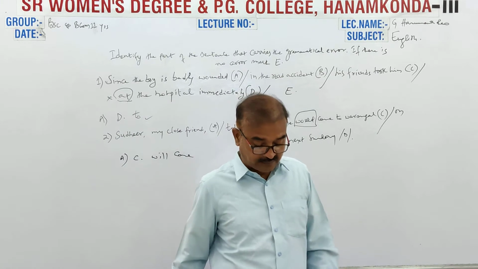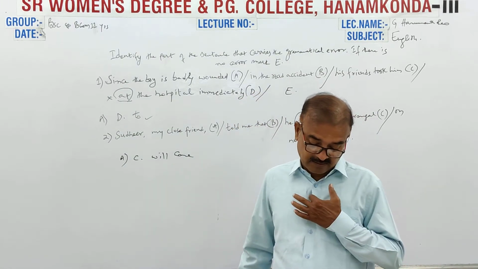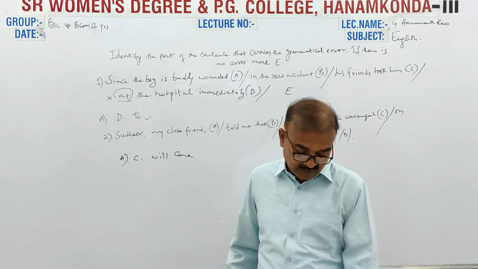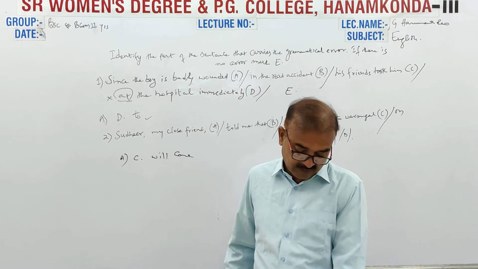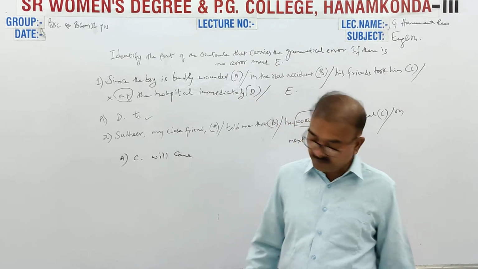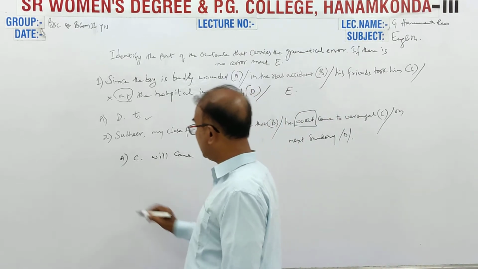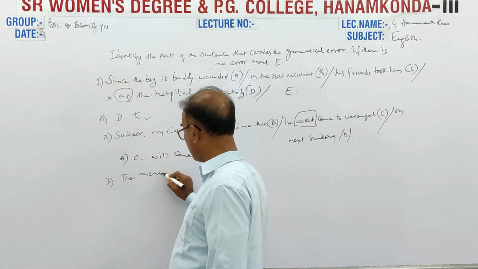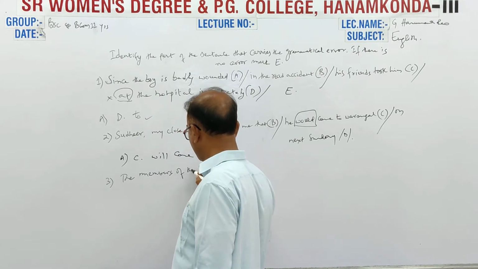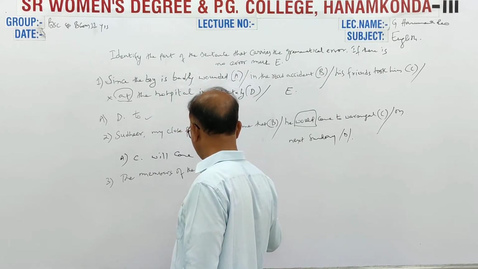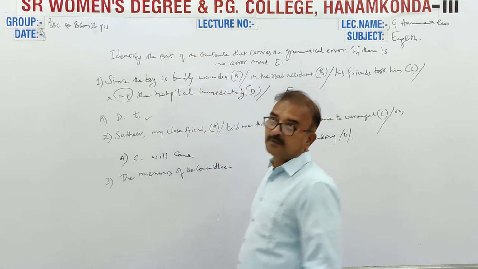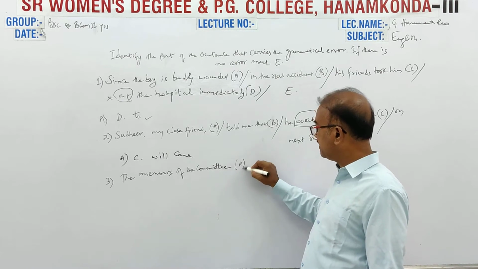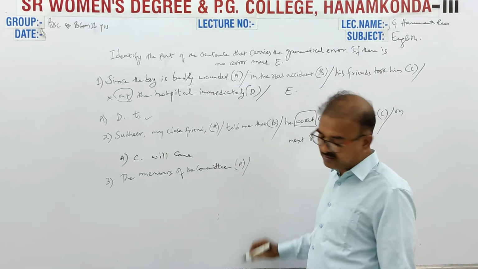Another one. Third one. The members of the committee, this is part A. What's the next?